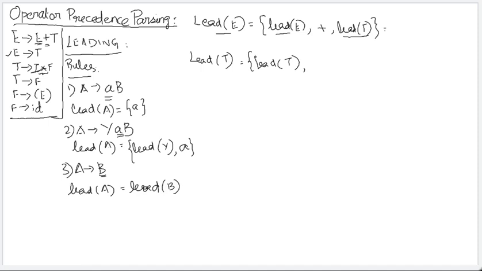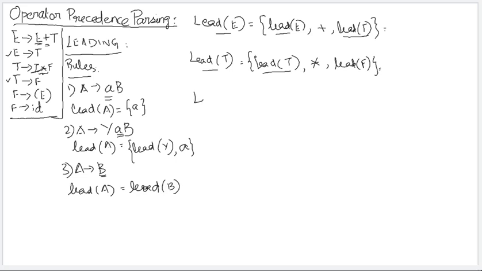Since it is followed by a terminal, include that also. And then you have one more production, T tends to F. So here this satisfies rule number 3. So lead of T is lead of F. We have to include lead of F. Now again, lead of T equals lead of T is meaningless. So it is star, comma, lead of F.